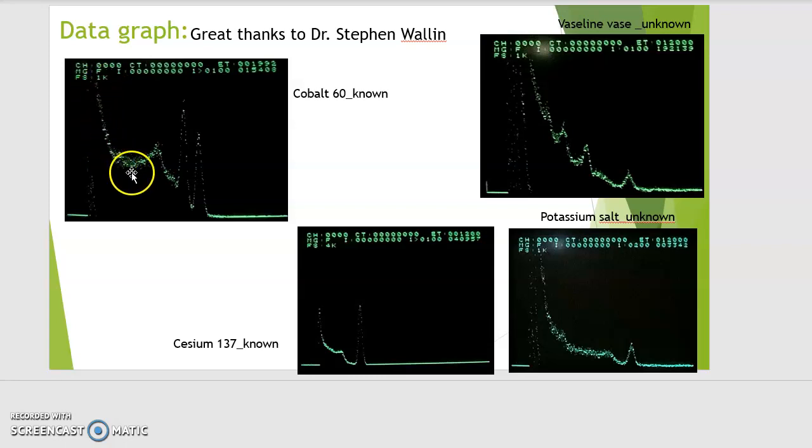You always see X-rays and low energy gamma rays. So we will only focus on the highest energy, the highest peaks. For example, the cobalt, these two peaks, and the Vaseline, these three peaks. And we will just focus on the first few peaks we observe.